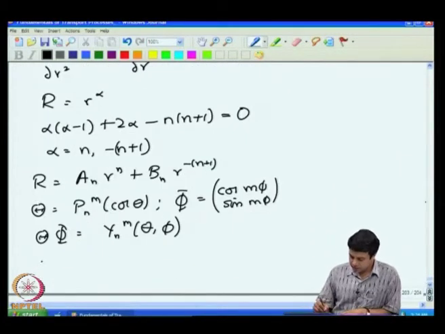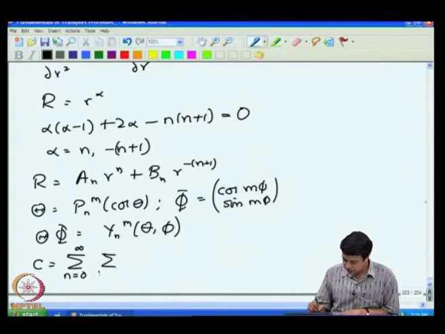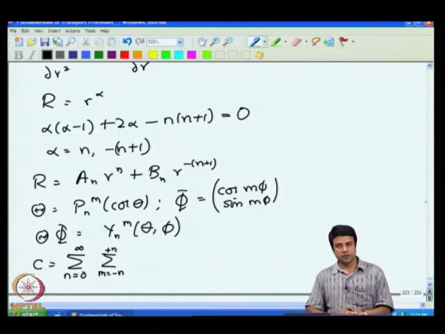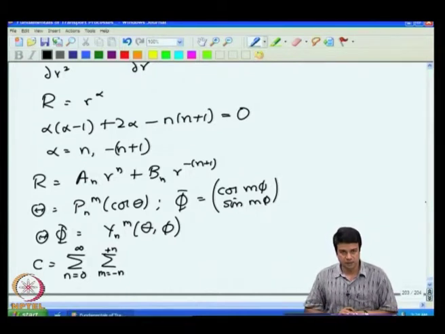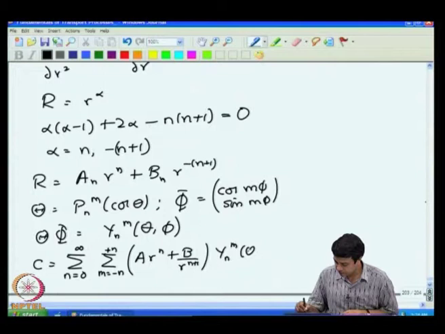So, putting all these together, the final solution for C will have sum over n equal to 0 to infinity, m equal to minus n to plus n. I told you that m has to go only from minus n to plus n for the series to be convergent, times a n r power n plus b n by r power n plus 1, times Y n m of theta phi.